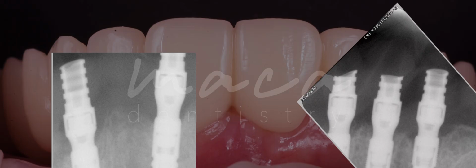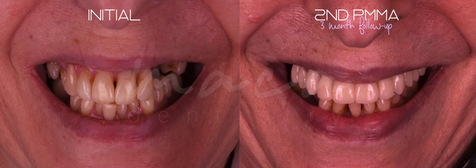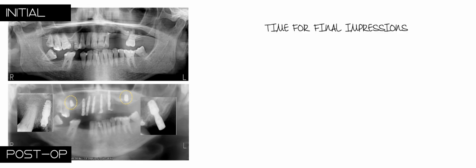Also the periapical x-rays confirming the proper fit of the new provisional prosthesis to the OMNI abutments. And these are the extraoral pictures comparing the initial situation of the patient and after delivering the new provisional restoration. So, when the patient finally came back from Australia, about 2 months after we delivered the second provisional restoration and 5 months after the implant surgery, we were ready to go ahead with final impressions.